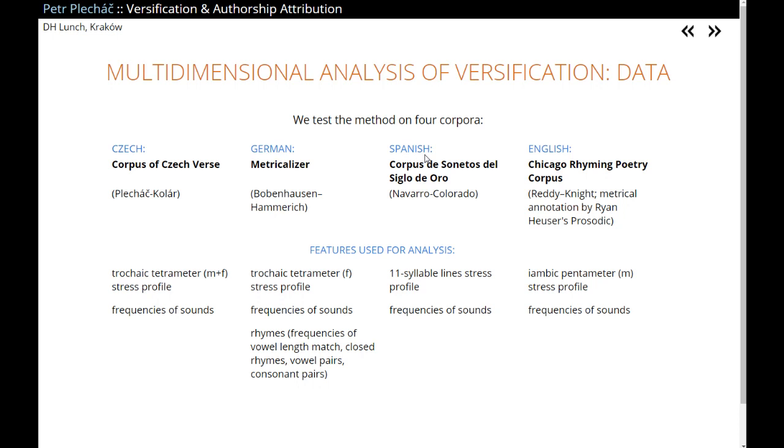We counted the frequencies of stress on each position and also the frequencies of sound. And finally, we did the very same with masculine iambic pentameter in English. We did the stress profile of this and also this approximation of euphony, of frequencies of sounds.